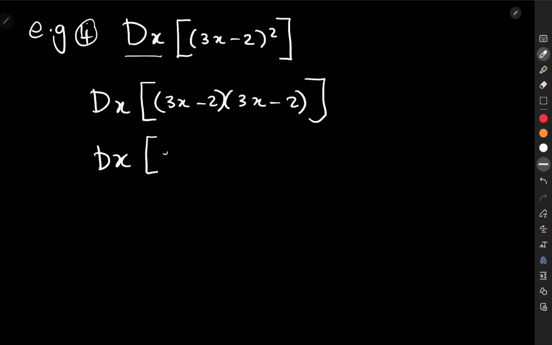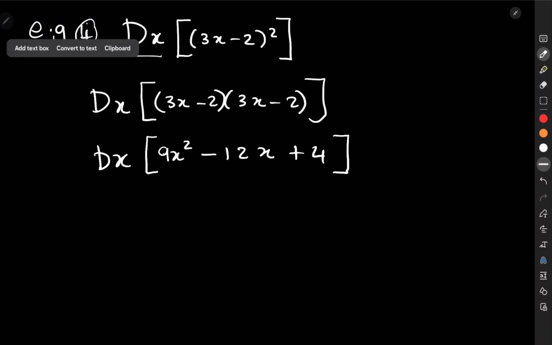And what I get when I do that is 9x squared. I'm going to fast forward here and just simplify it. I'm going to get 9x squared minus 12x plus 4. So now from here, when I start deriving, I just have to get rid of the dx.